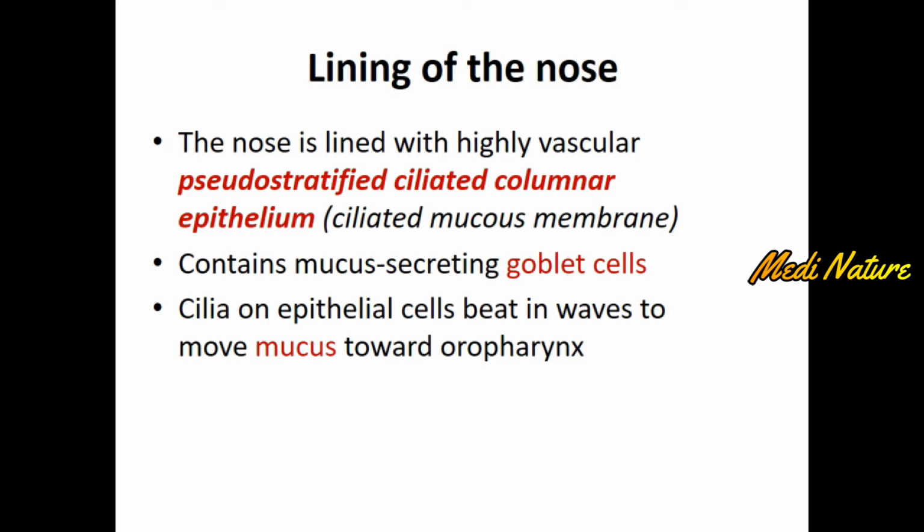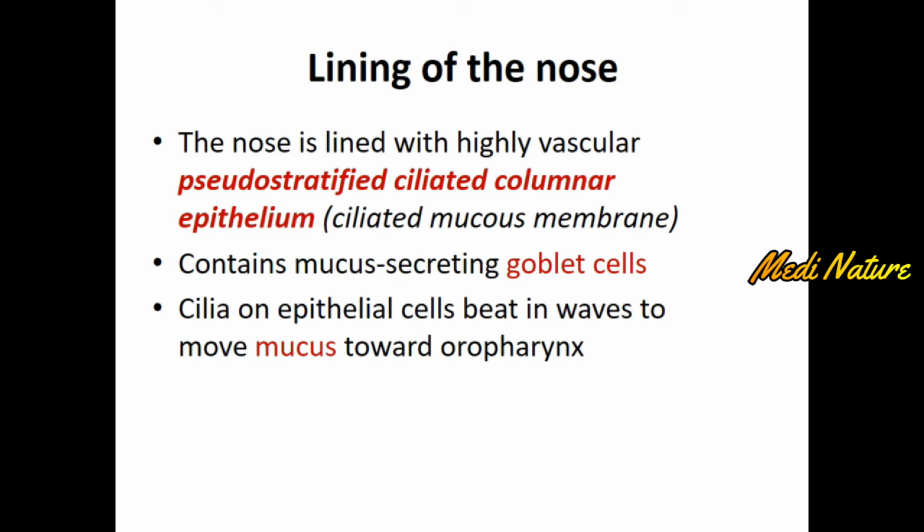So, this mucus is on the epithelial cells and it traps external substances which come into the body with incoming air, and cilia are present on the surface of epithelial cells.